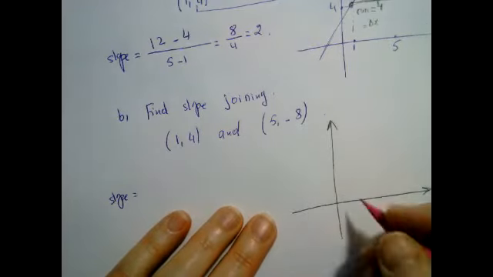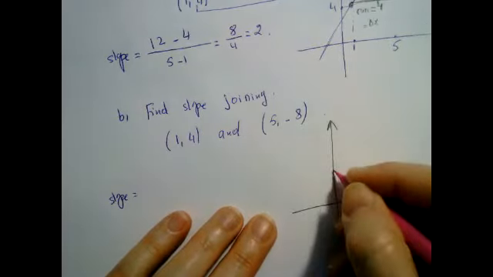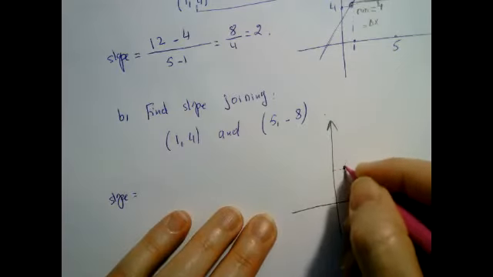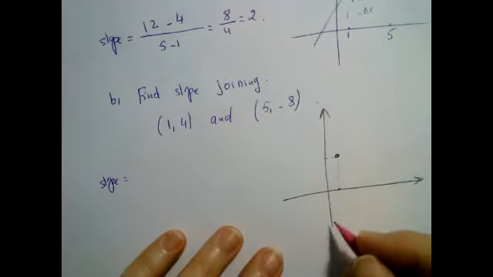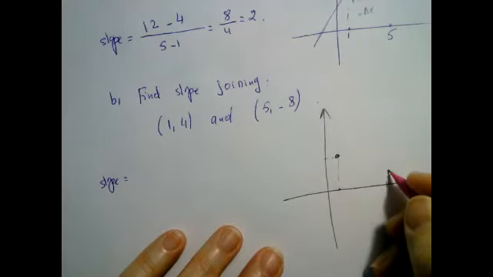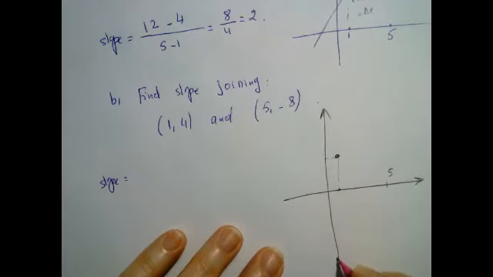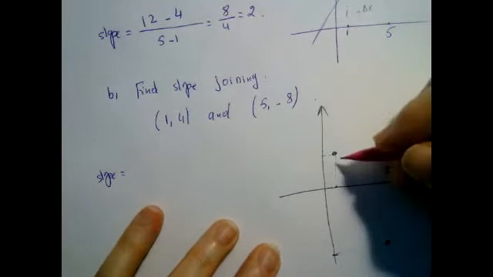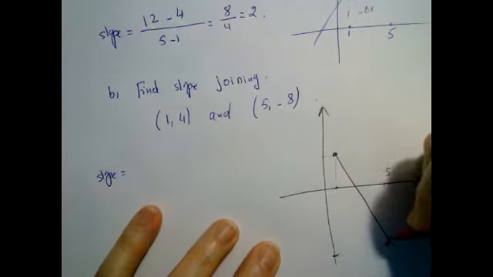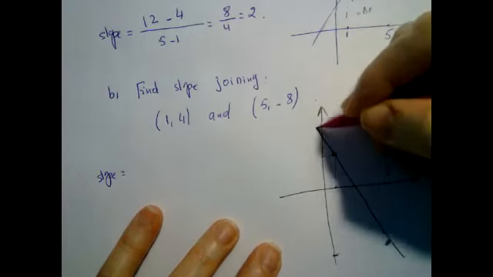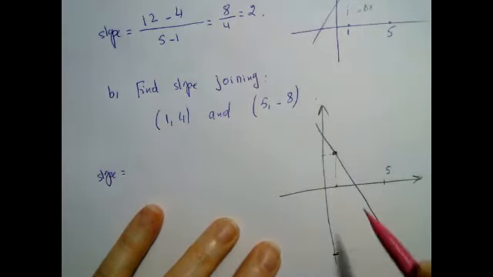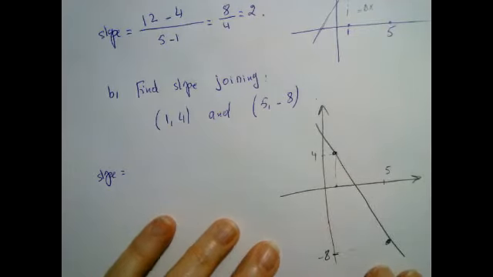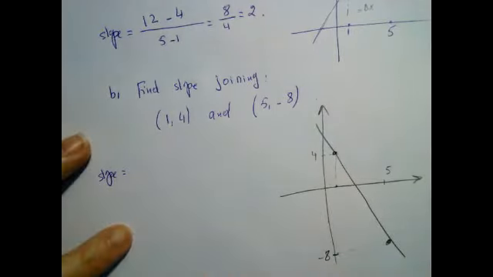So the slope of the line, 1, 4, that's my point, and 5, minus 8. Minus 8 should be down here. And this is my line, and I need the slope. So this is a 4 here, and this is the point minus 8. What's the slope?